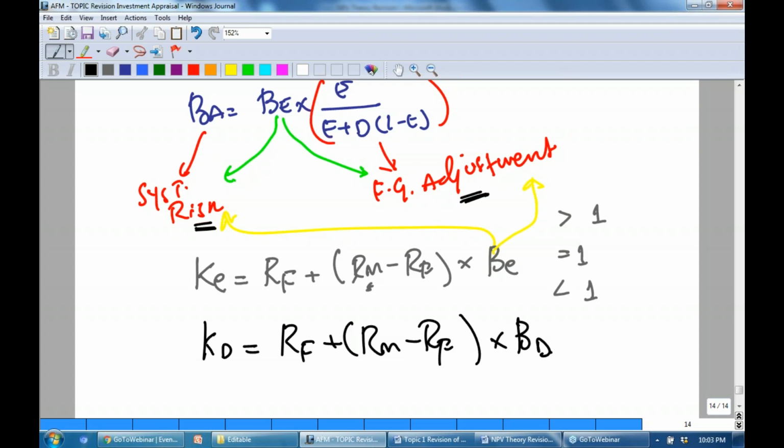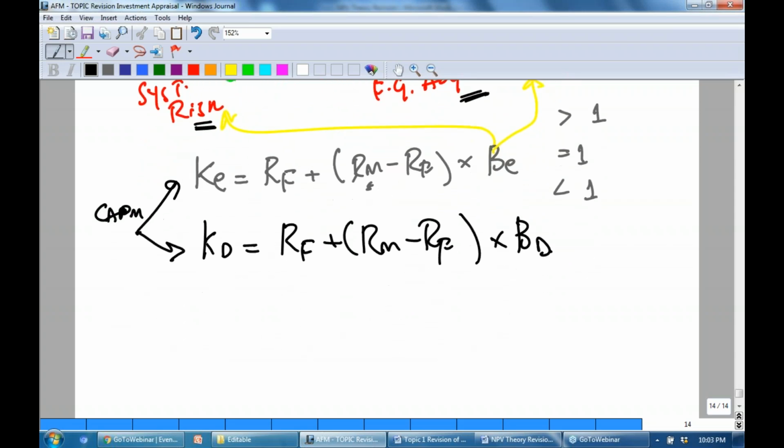So do remember that by CAPM you can calculate both KE and KD. And CAPM is a superior method. If debt beta is given, you have to calculate the KD by debt beta, not by the valuation.